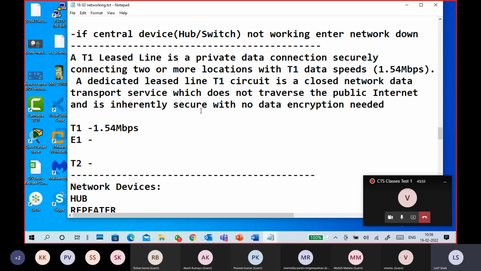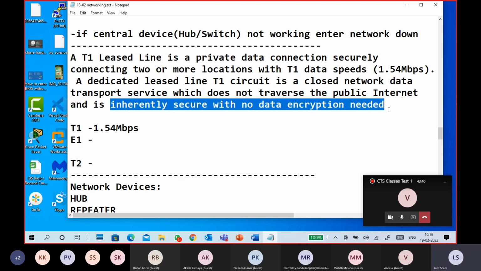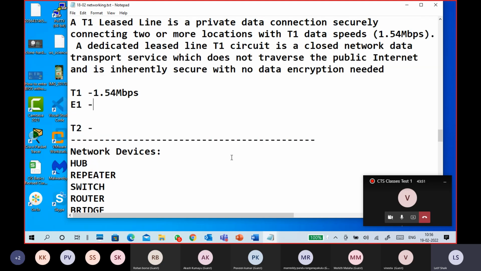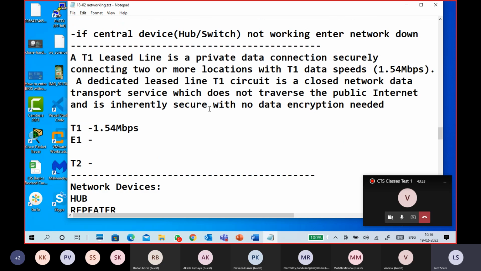So instead of a leased line, we use VPN, virtual private network. A leased line is inherently secure with no data encryption. You are going in a private line, so no problem, no encryption required. But VPN requires encryption. Okay, so whatever it is, guys, try to understand leased line.